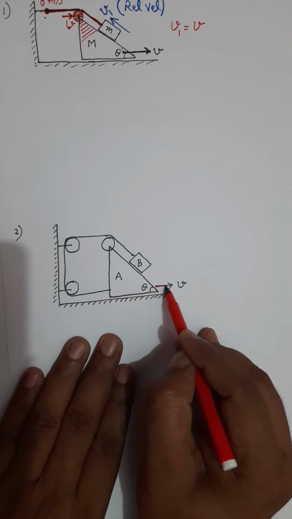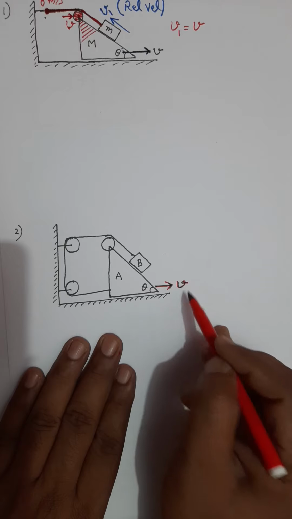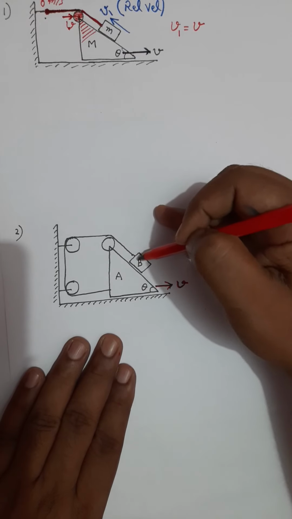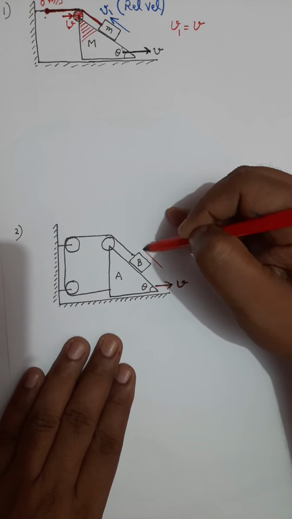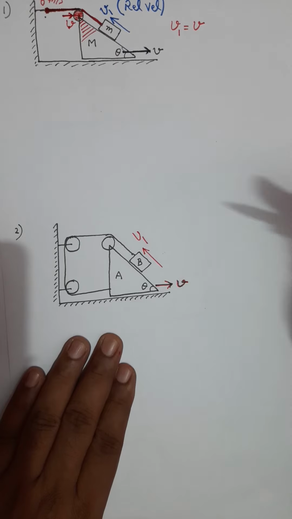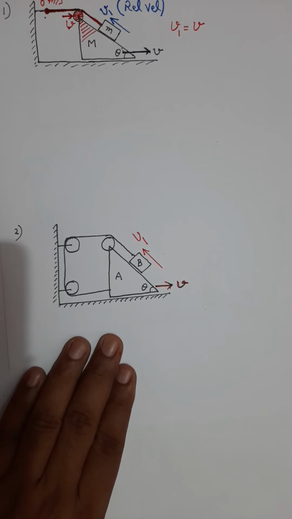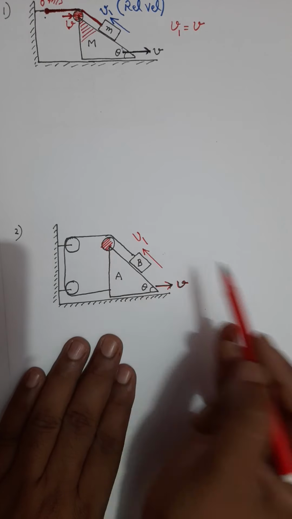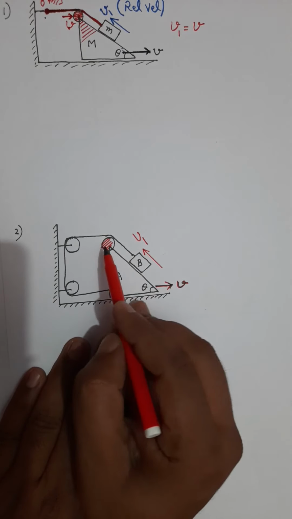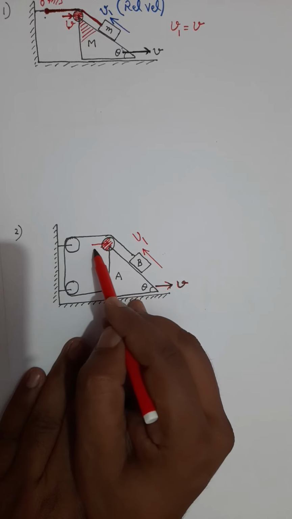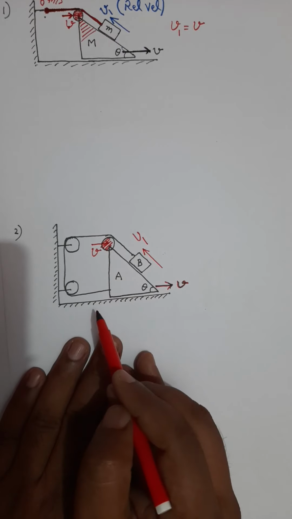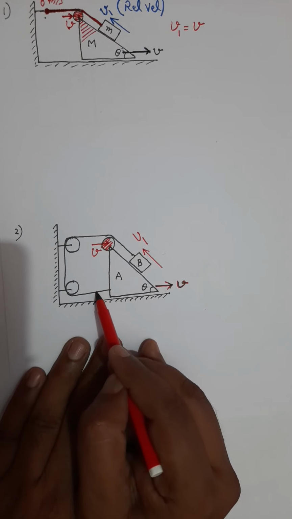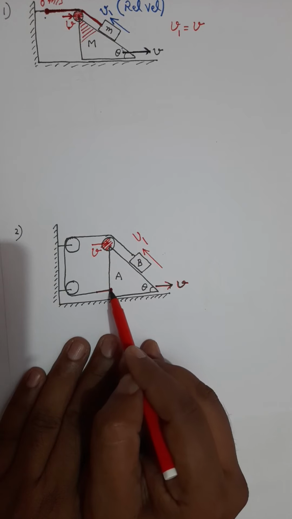Here the wedge is going forward with velocity V. Let's say this block B slides up with a V1 velocity. This pulley is attached to the wedge. So this pulley will move forward with V velocity. This string is attached to the wedge, right?